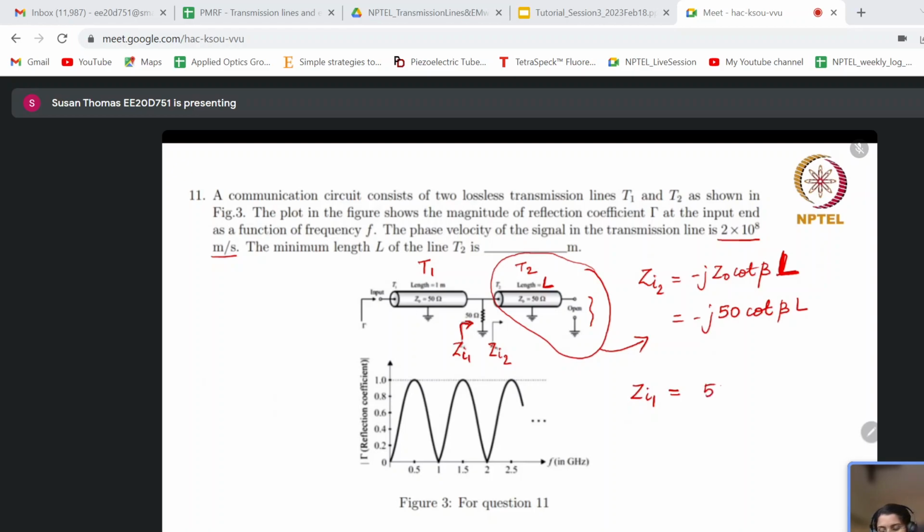So it will be 50 ohm in parallel with Zi2, that is, 50 in parallel with minus j50 cot beta L.